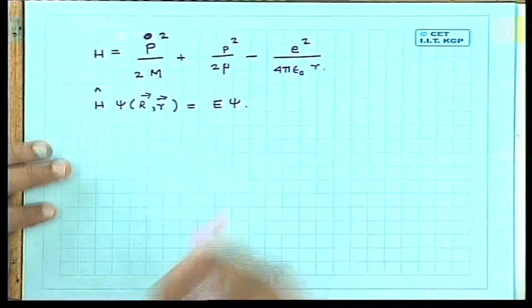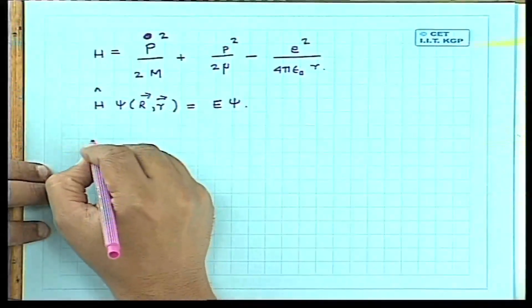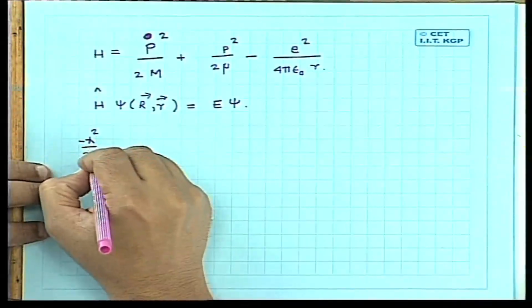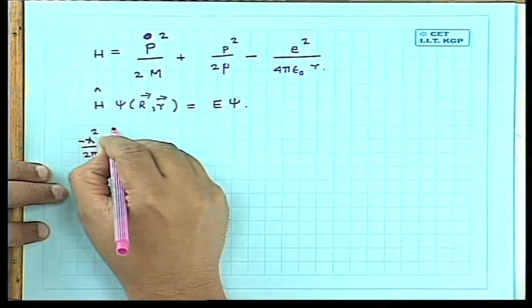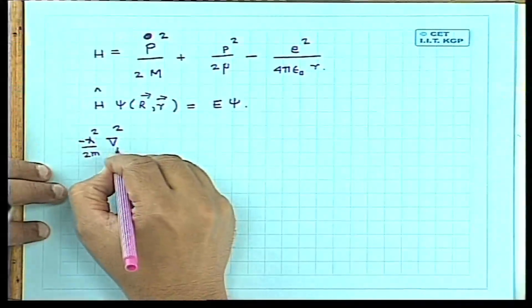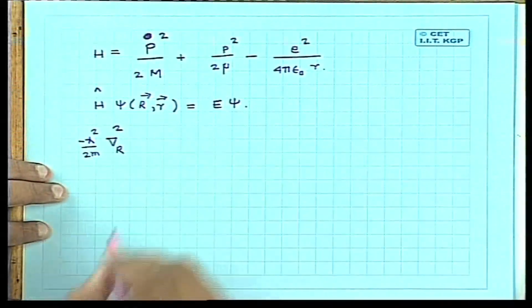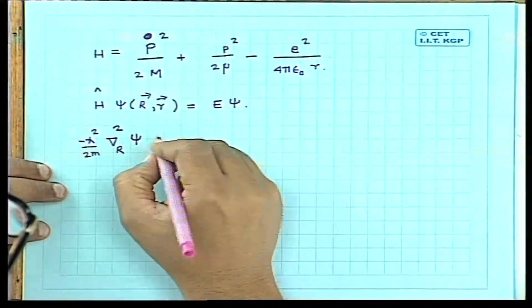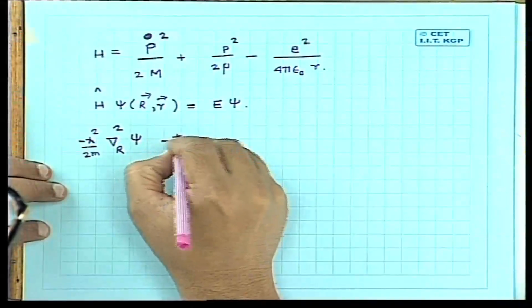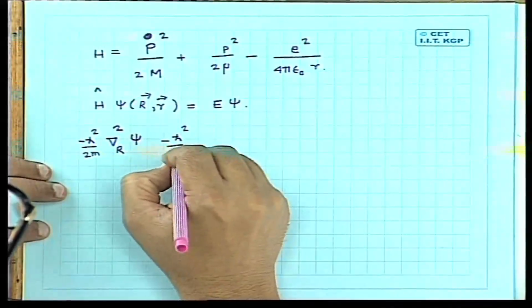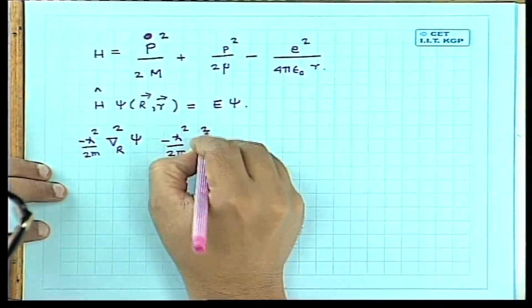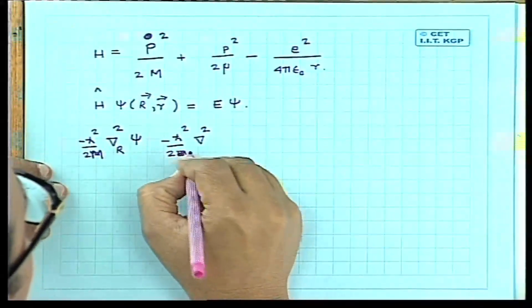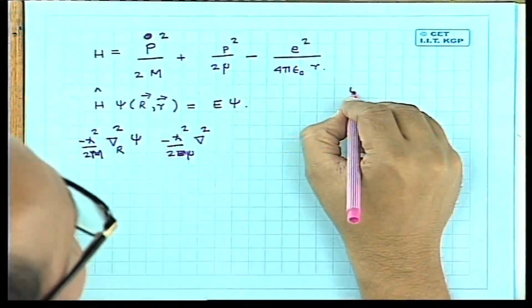So I can write down my Schrodinger equation now. My Schrodinger equation is minus h cross square by 2M, and then I have a Laplacian del square with respect to capital R acting on psi, and I have another term which is minus h cross square by 2 mu, where I have to still define what is mu.